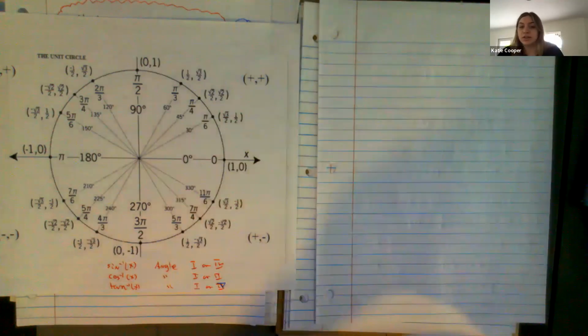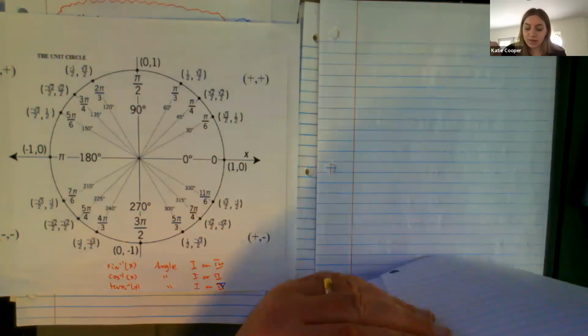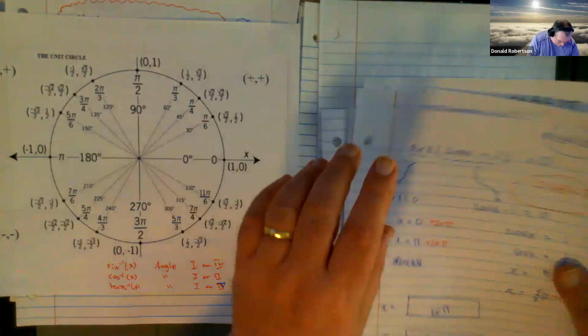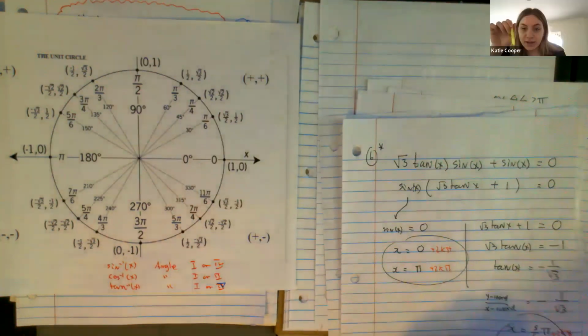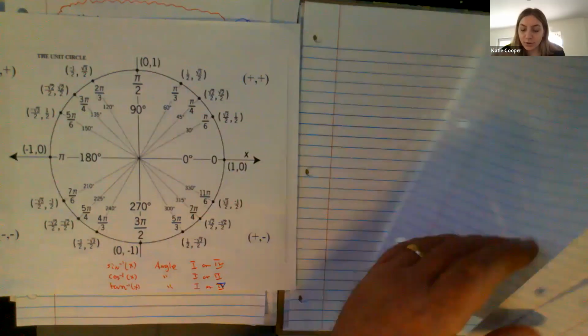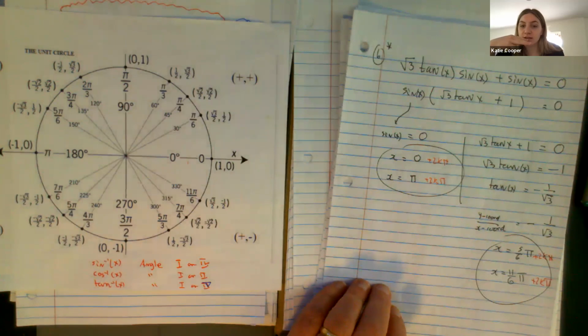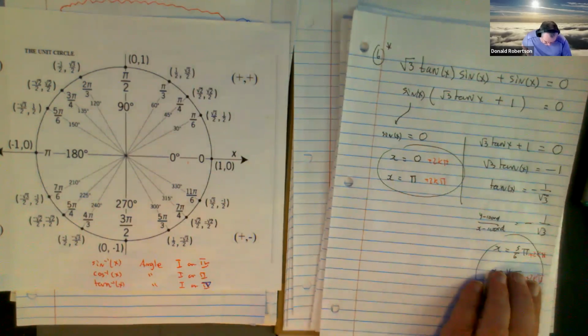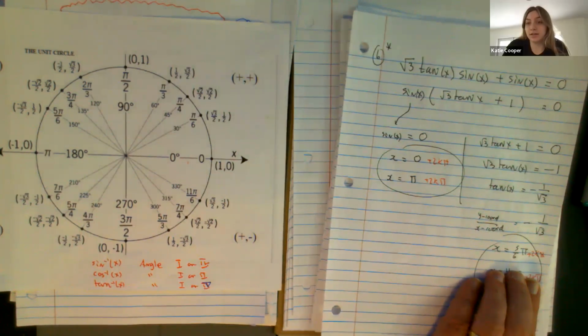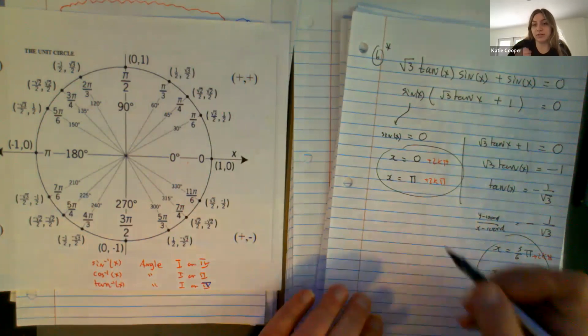I just have a quick question. If you want to go back to our number 6, if it was 0 to pi, would we have 3 answers then? Because we would have 0, pi, and then 5 pi over 6. You said 5 pi over 6, right? Yeah.